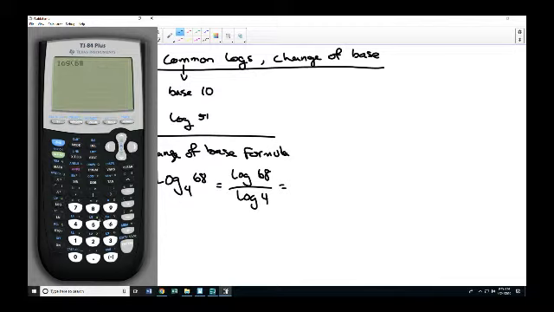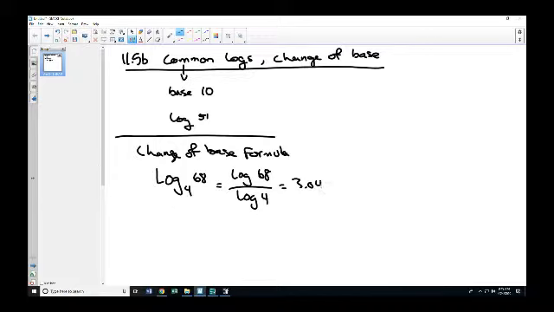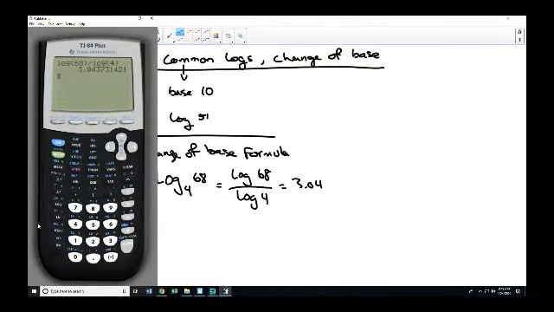Log, don't forget to close your parentheses there, and log 4, right? So, there you go. Do you remember how to do it without having to change the base? Yeah, with math.